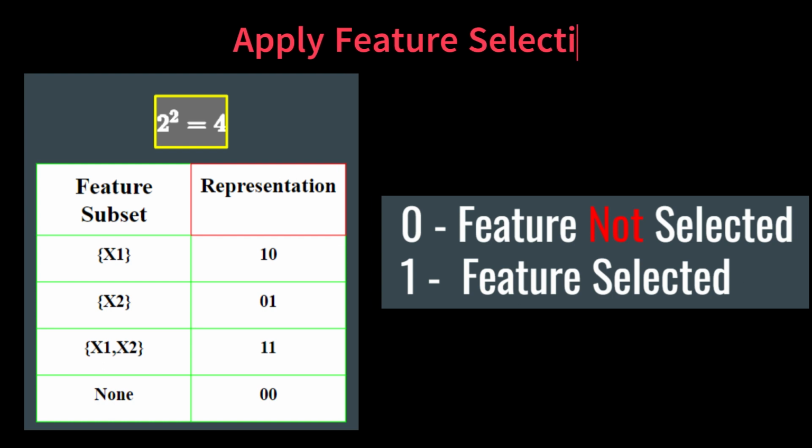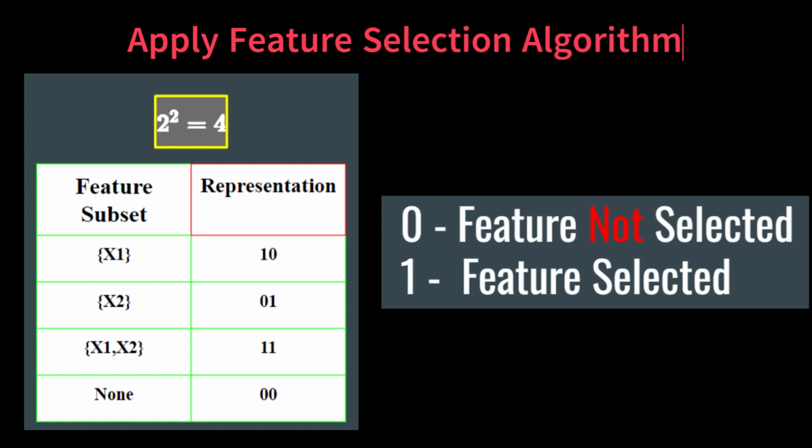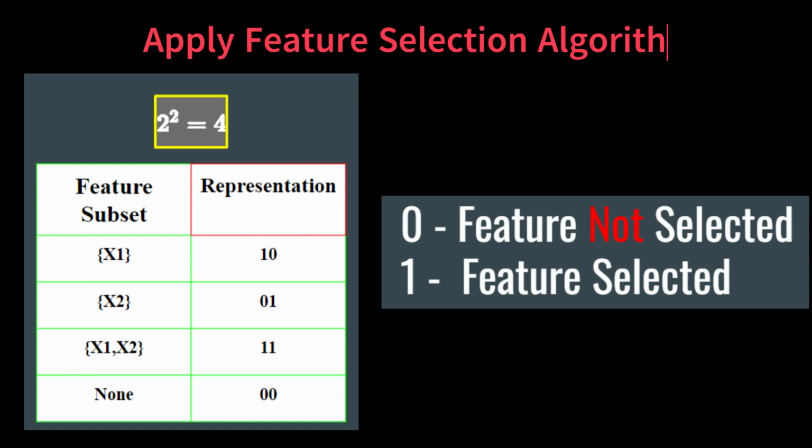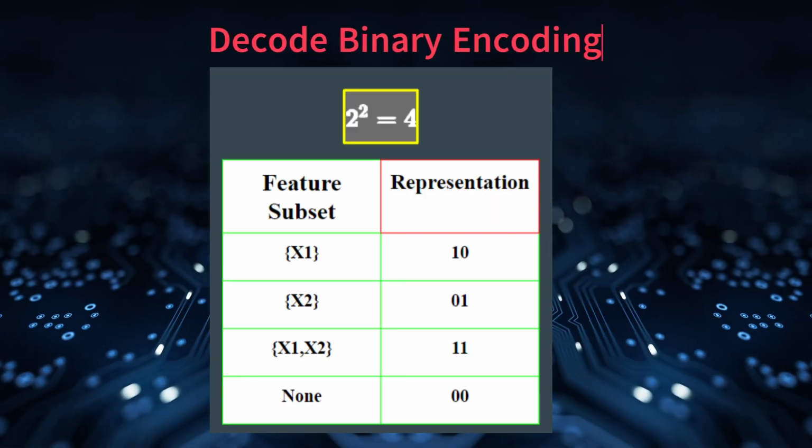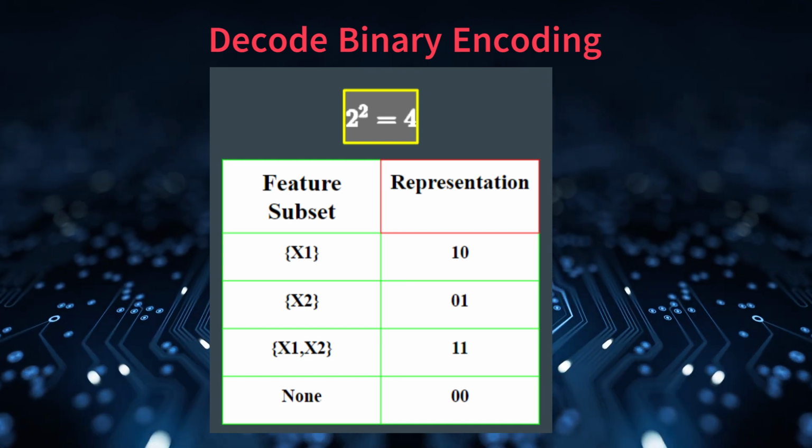Now we can apply any simple feature selection algorithm to find the best feature subset based on some evaluation metrics, such as accuracy or correlation. Once the best feature subset is identified, we can decode the binary encoding to determine which features are selected.